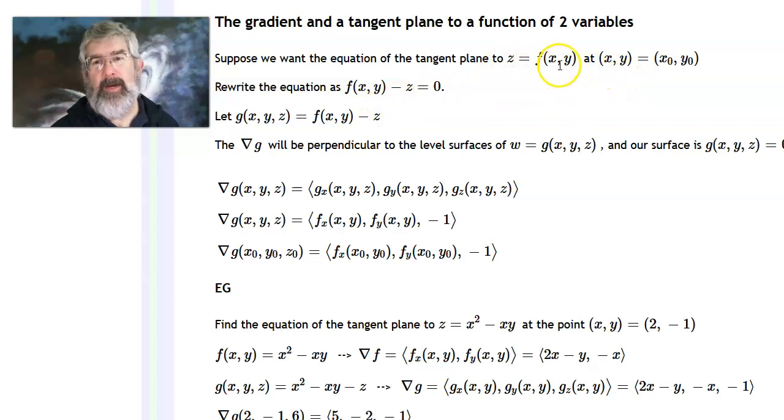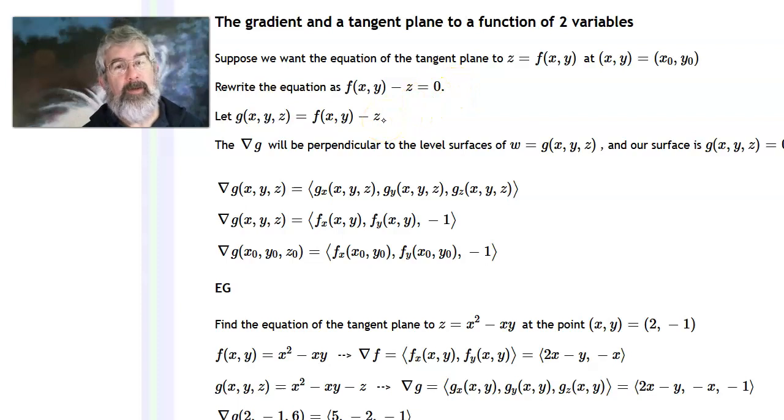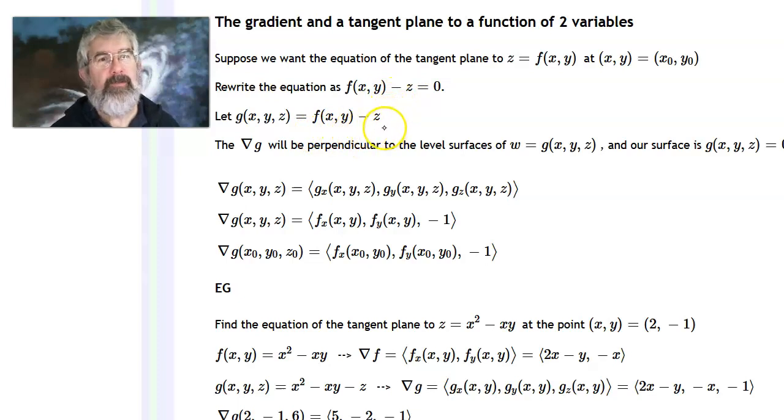I want to take this now and rewrite this equation, essentially subtracting the z over to the other side: f of x comma y minus z equals 0. And then think of a function of three variables, g of x, y, z, as this left-hand side of the equation, f of x comma y minus z.